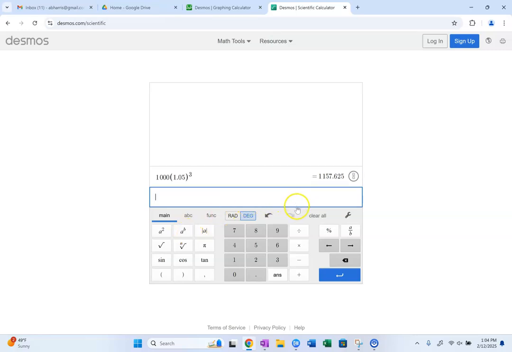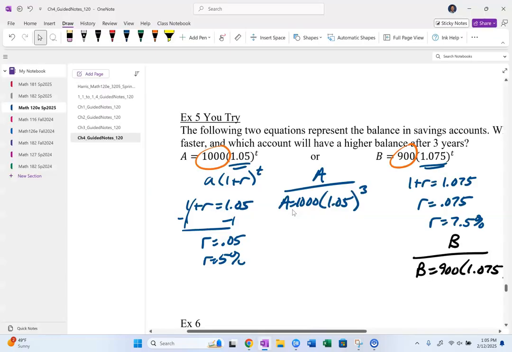So it looks like that one ends up being 1157.625. The other one started with 900, and it was growing at a 7.5% clip for 3 years. So it looks like it only has 1118.07. So let's go back, write those down.